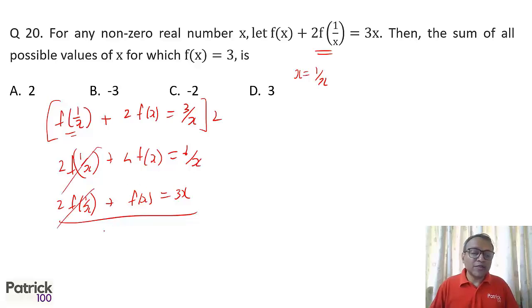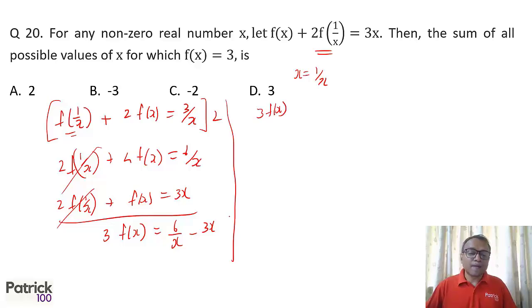What you have left is 3 f of x is equal to 6 upon x minus 3x. When you multiply, it becomes 6 minus 3x square upon x. Take 3 down, so f of x is equal to 6 minus 3x square upon 3x, and that has to be equal to 3.